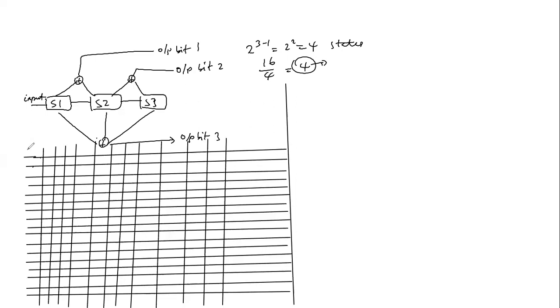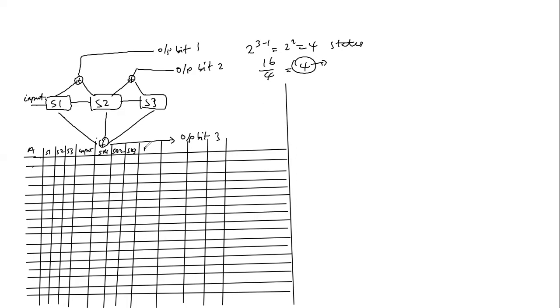So we have our state. This is state A. So we have our shift register 1, shift register 2, shift register 3. Then we have the input. Then we have shift register 1, shift register 2, shift register 3.